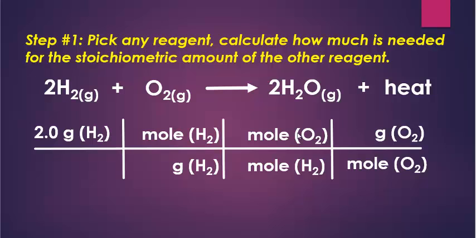Now you're going to fill in all the numbers for the 3 conversion factors involved in this calculation. It's very simply 1 mole of hydrogen gas is equivalent to 2 grams of hydrogen gas. And now 2 moles of hydrogen gas is equivalent to 1 mole of oxygen gas. Simply, this is a 2-to-1 ratio based on the balanced chemical equation. 1 mole of oxygen gas is equal to 32 grams of oxygen gas.